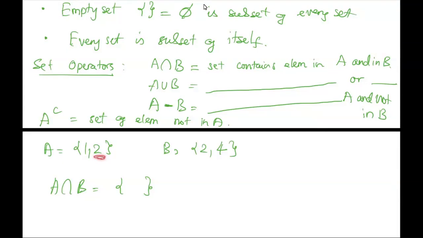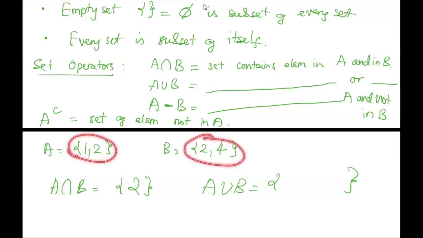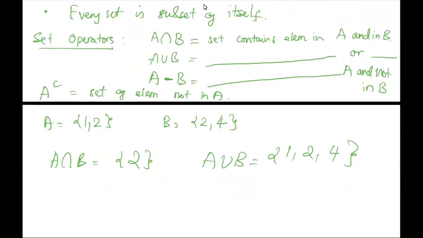Is 2 in B? Yes. So I will write 2 down. Move on to the union. I want to grab all the distinct elements that I can get from the 2 sets. So I would get 1, 2, and 4 because there are 3 distinct elements from the 2 sets.